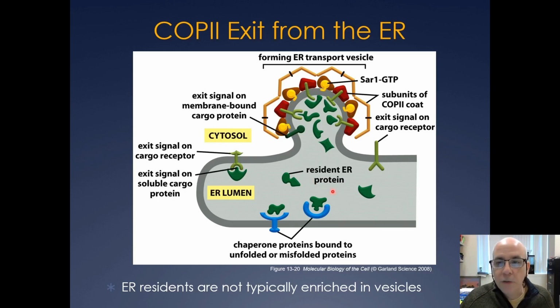We saw the protein BiP, and we'll see it again in a second. We also saw that when you start to form disulfides, you need protein disulfide isomerase, and there are other proteins needed for folding and early glycosylation that are not secreted proteins. So those are ER resident proteins. And so you have cargo that's actively selected, and ER resident proteins that are excluded and not included in the vesicles.